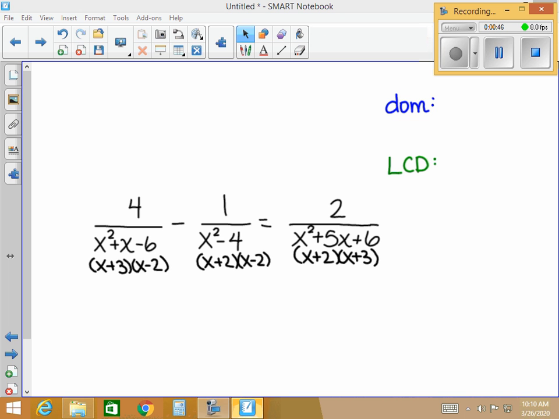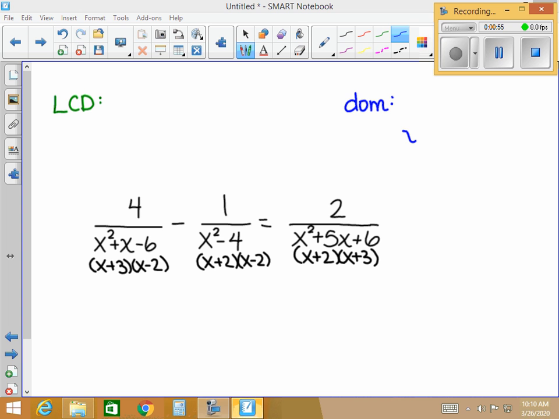Then if I'm working to find the numbers, maybe I'll put them side by side like this. The numbers to exclude from the domain, I have to set each of those factors equal to 0, and I need to solve for x. So when I solve x plus 3 equals 0 for x, I get x equals negative 3.